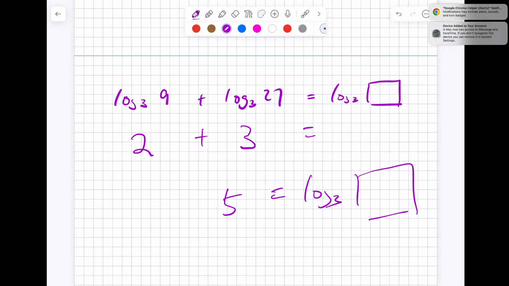What do you think this number is supposed to be? 243. Okay, good. 243.